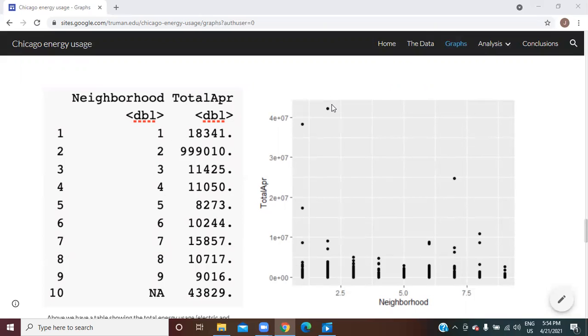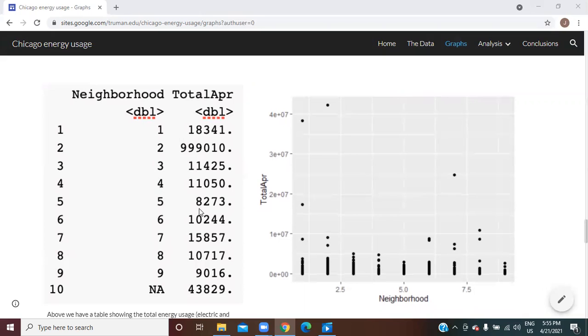You can notice that these outlier points, the ones that are using more energy, these are probably the industries inside each one of those neighborhoods, while the rest of the buildings are clustered together on these lines. And then we have the total energy usage in April for each neighborhood.